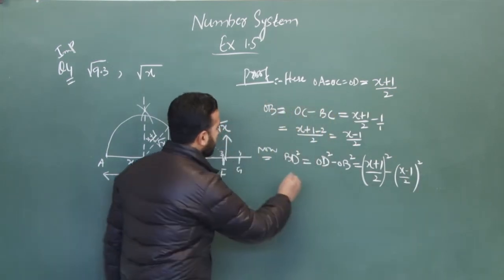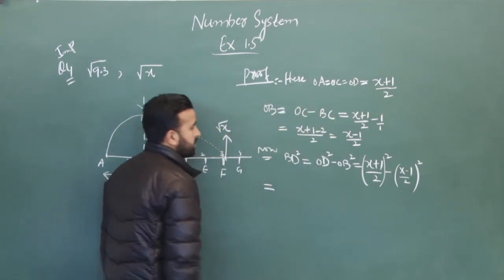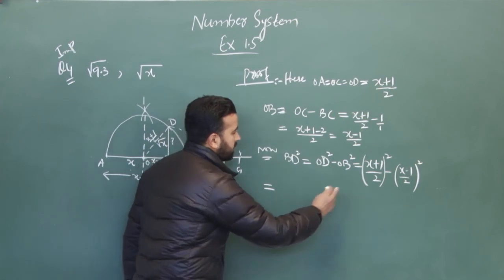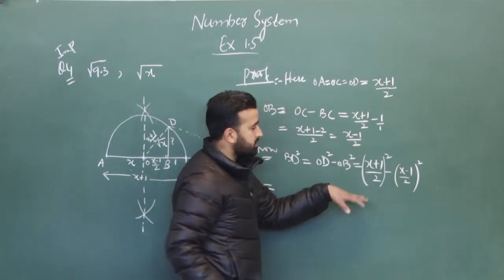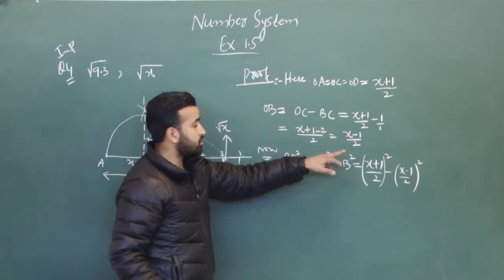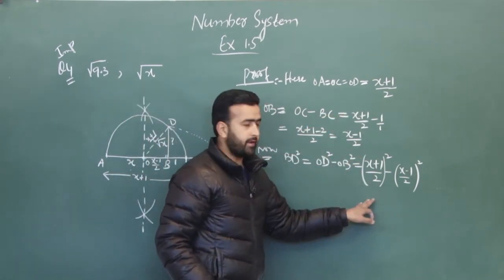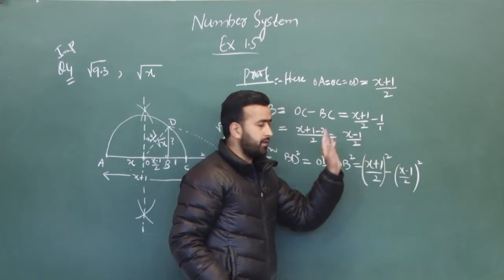Now we can simplify this further. You can see this is x plus 1 divided by 2 whole square. So this square applies on the numerator and the denominator as well. Likewise in the second term as well.